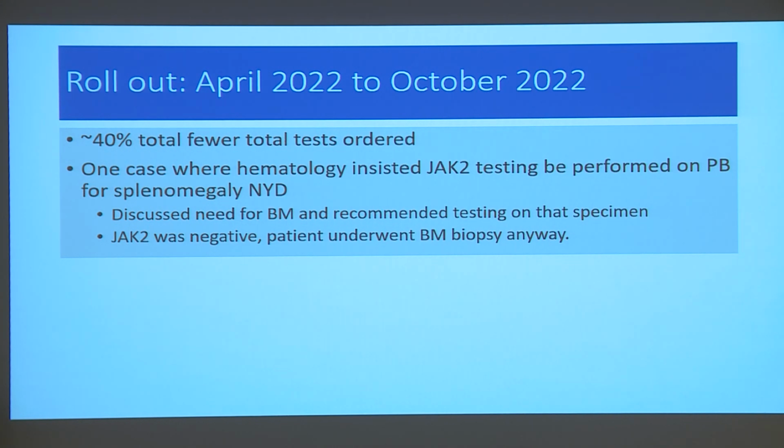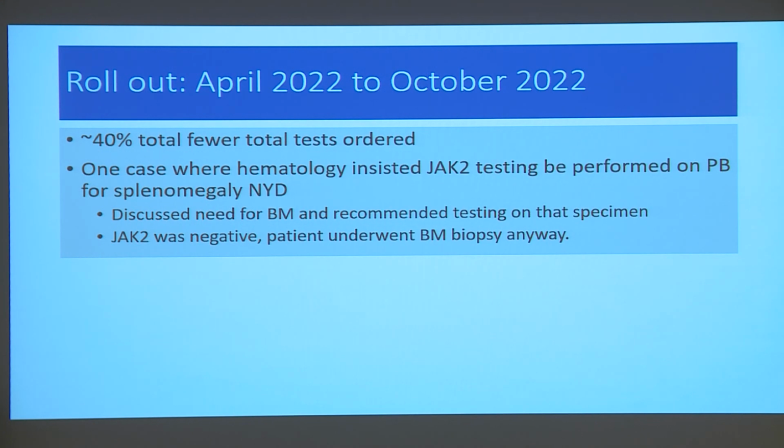And only once have we had hematology not like this process. They had a case of a patient with splenomegaly NYD, and they didn't have high counts. They said, well, we need JAK2 so we can talk to our patient about it. And I said, sure, but what are you going to tell them? They don't have JAK2 and a disease that you can diagnose without a bone marrow.